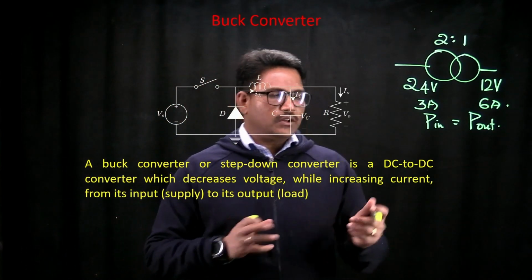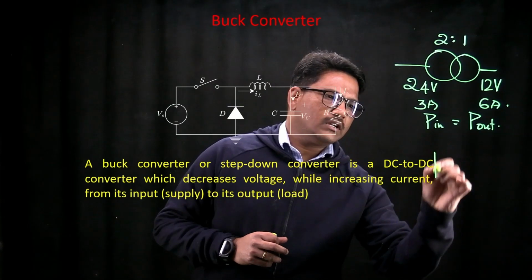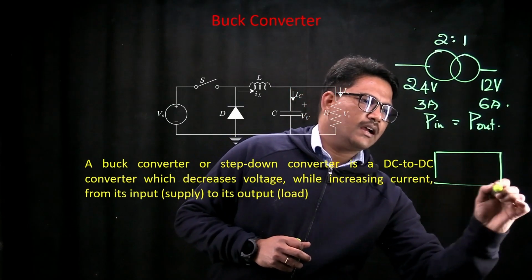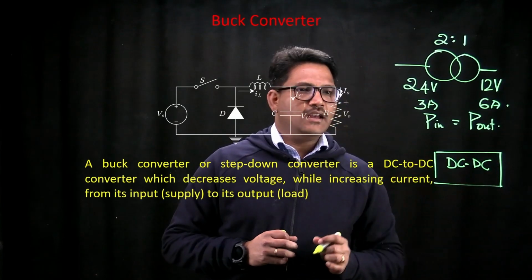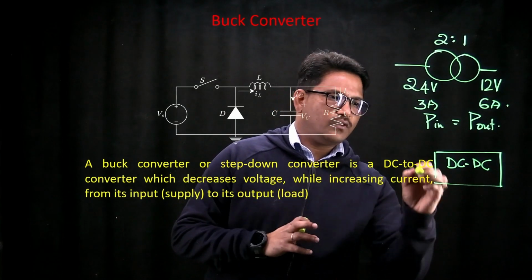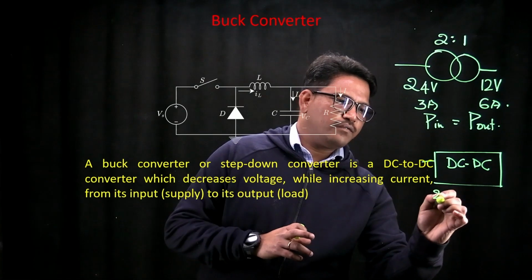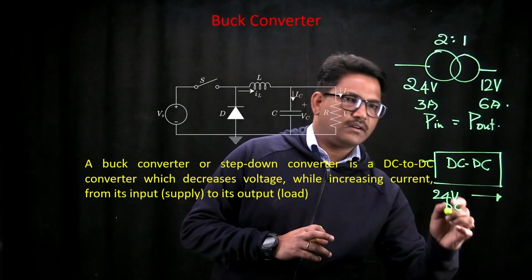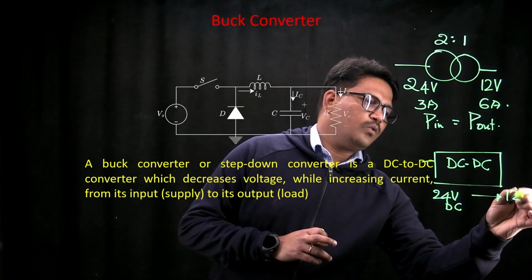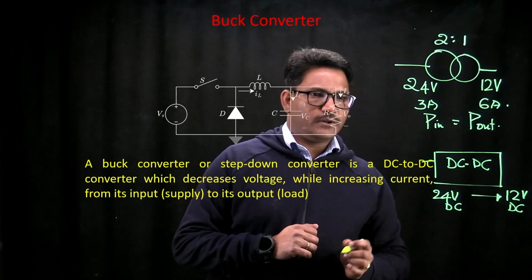Similar to that, this buck converter is a DC to DC converter. So your input is DC and your output is also DC, but it can work like a transformer where if you're giving 24 volts of DC power supply, it can transform that into 12 volts of DC output.